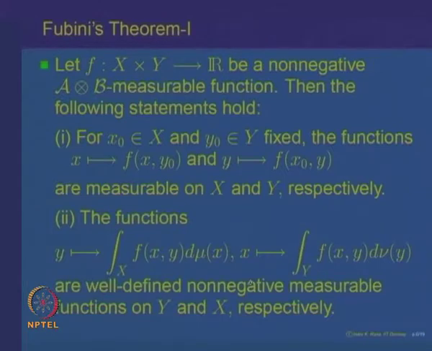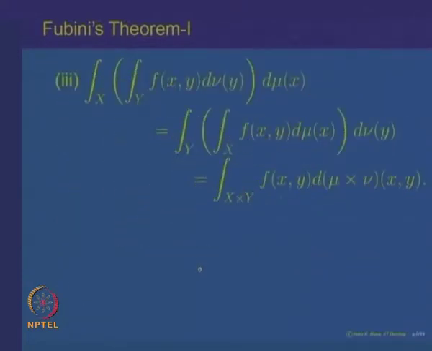And finally, these are non-negative measurable. So, you can integrate them out with respect to the corresponding variables. So, if you integrate them out, first with respect to y and then with respect to x, that is the same as integrating first with respect to x and then with respect to y, and both are equal to the integral of the function f of x y with respect to the product sigma algebra.